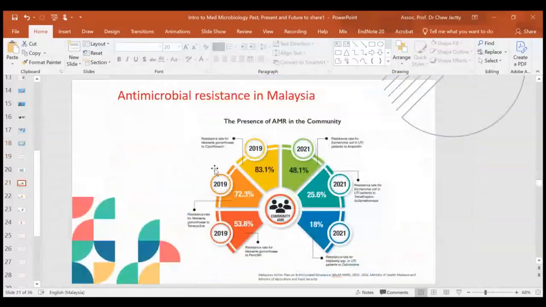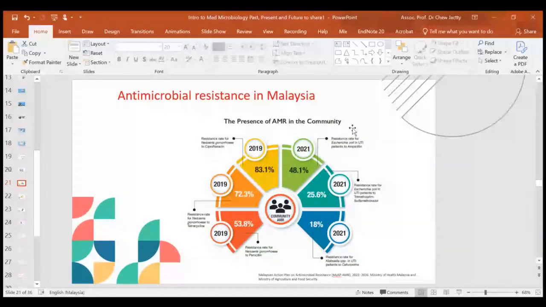In terms of antimicrobial resistance in Malaysia, just a little bit of numbers. Malaysia is also doing surveillance on AMR. This is just a little bit of data on the common community. In the community, meaning that these are people who are not sick.